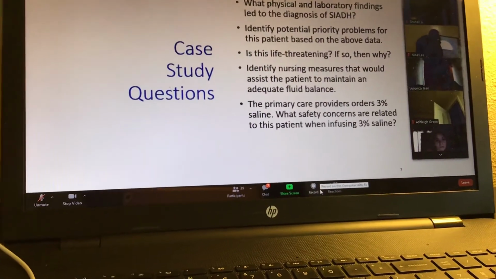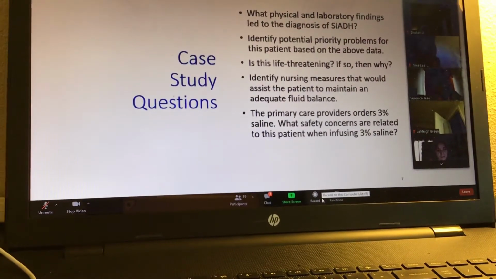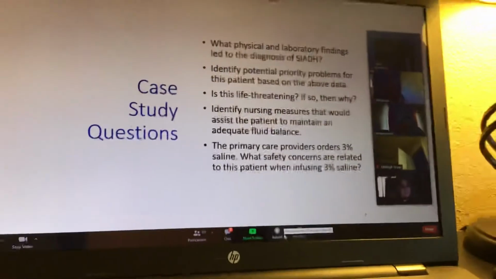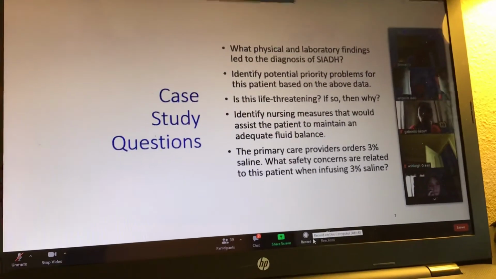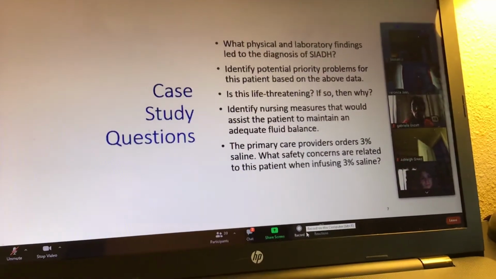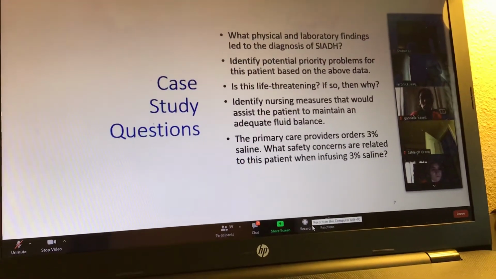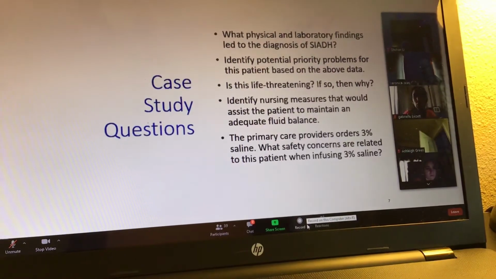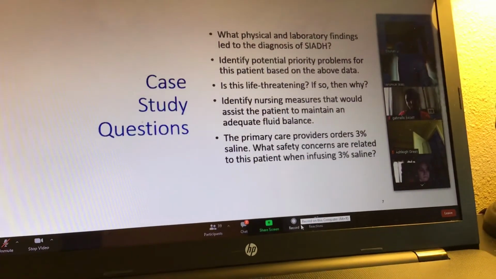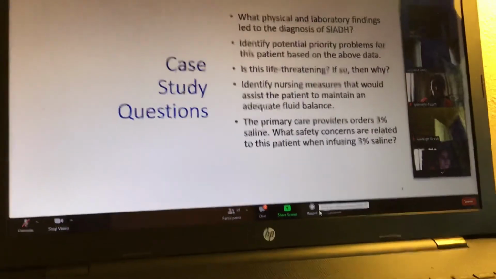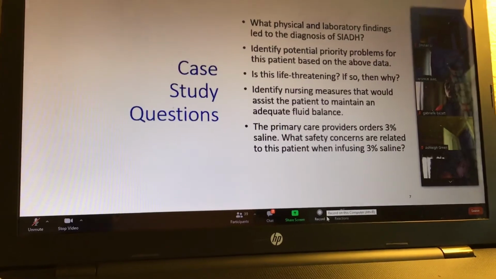DI, which is diabetes insipidus, is a fluid volume what? Deficit. Right. So think of SIADH as a fluid volume overload. And sometimes when you give a patient vasopressin or desmopressin, they can shift from one to the other because SIADH can be a side effect of the desmopressin. So we just have to be aware of some of the signs and symptoms of the medication.